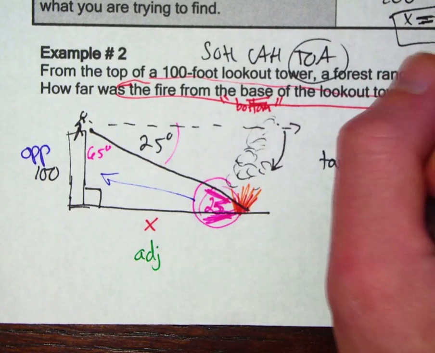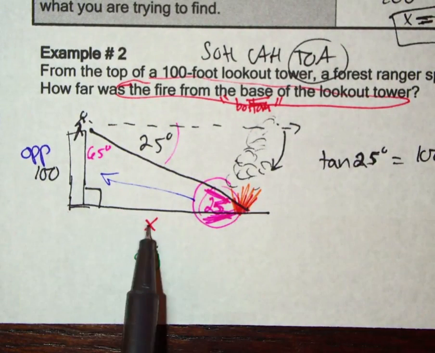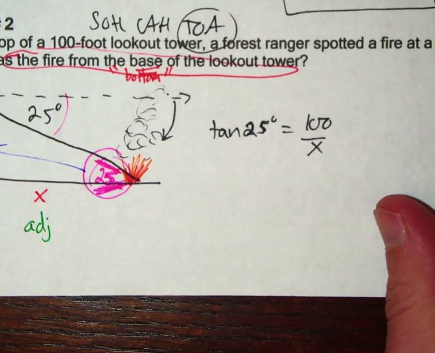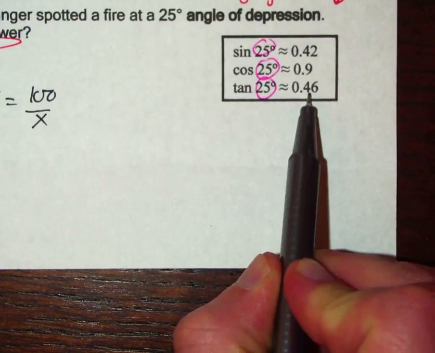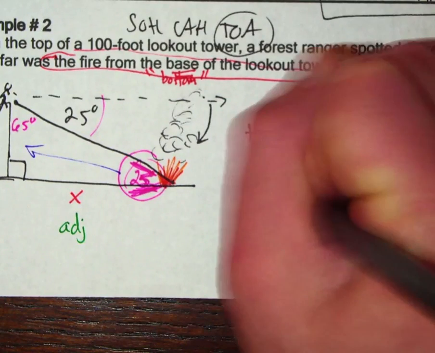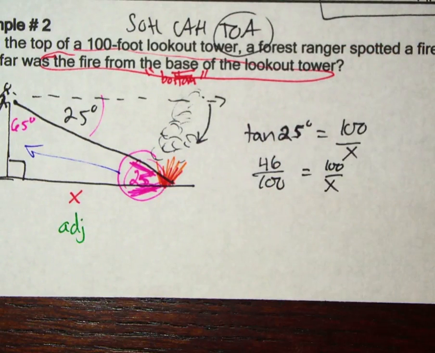So tangent of the 25 degrees is equal to the opposite of 100 over x, the adjacent. And if you look back over here at our table, it's 46 hundredths for tangent of 25. So I can put in 46 hundredths, and now it's just numeracy time.